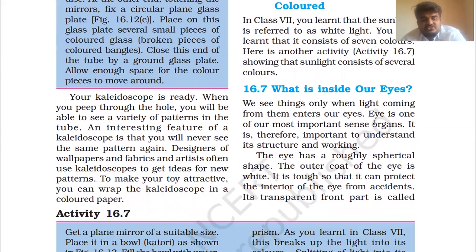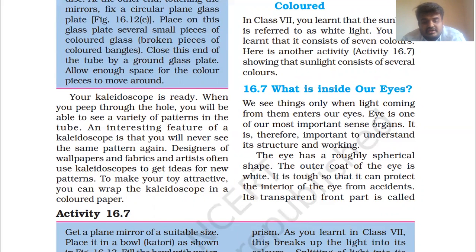An interesting feature of a kaleidoscope is that you will never see the same pattern again. Why? Because we have different mirrors at different angles. This is the only reason for this. Designers of wallpaper and fabrics and artists often use a kaleidoscope to get ideas for new patterns.